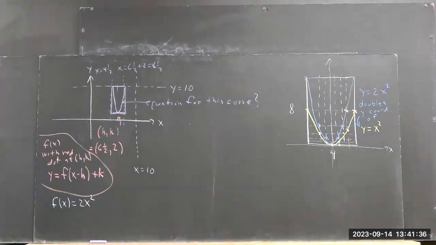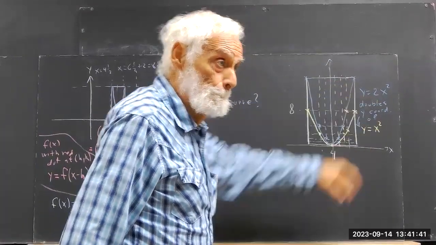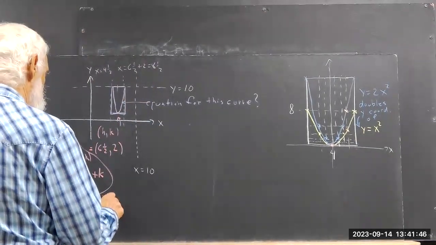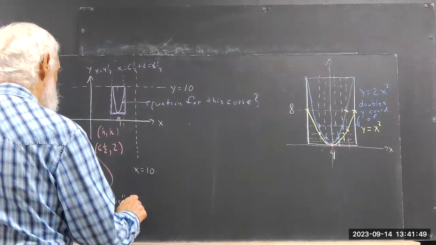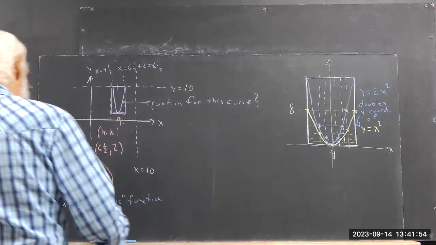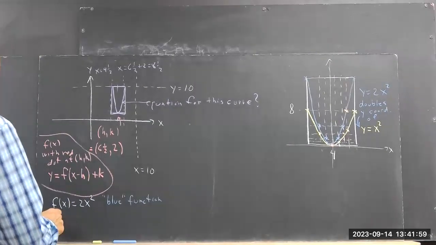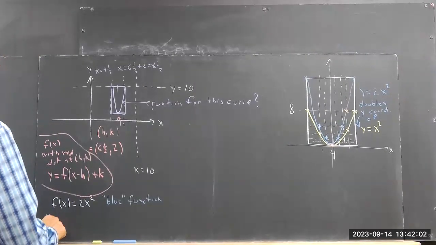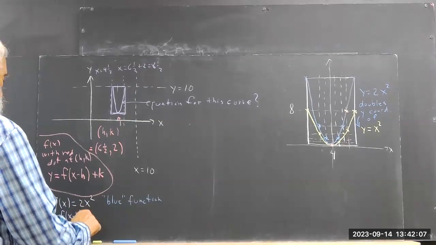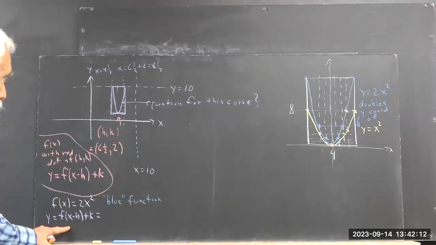F of x is 2x squared. That's the function you're transforming, right? That's the blue function. What's f of x minus h?